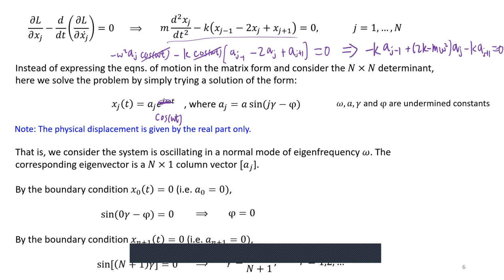However, we do expect that we should only have n normal modes, instead of infinitely many. Because we have learned that for a two particle system, we have two normal modes. For a three particle system, we have three normal modes. And now for n particle systems, we expect there should be just n normal modes.